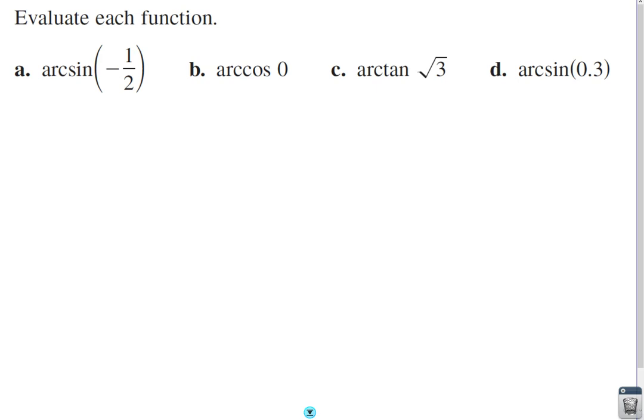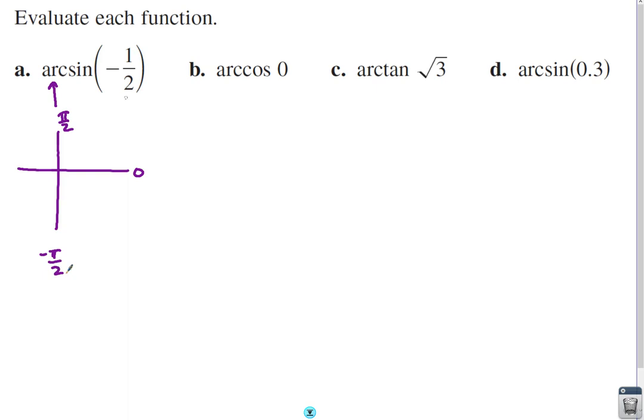Okay. So just real quick, let's evaluate each function. So the arc sine of negative 1/2, basically this is saying what angle or what arc gives me a sine value of negative 1/2. Well, remember, I can only pick from negative pi over 2 to positive pi over 2. So if I think back to my unit circle, I have from 0 to pi over 2, but then I go backwards to negative pi over 2, okay?